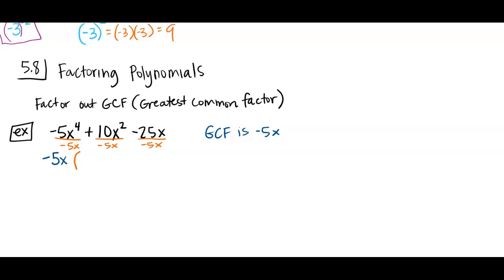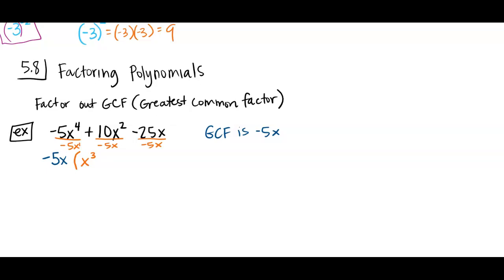X to the what? Third. Yeah, x to the 3rd power. Because when I multiply these back together, they need to come back to what we had. If I multiply negative 5x with x to the 3rd, you get back to that. Remember, when we have x to the 4th divided by x, we subtract those exponents.